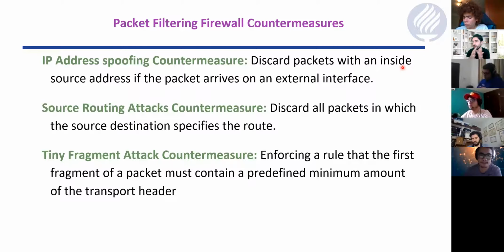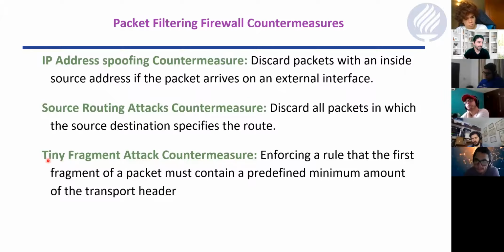If the packet arrives at your firewall with an internal IP address, you just discard it because it can be a malicious packet. If the packet tells you precisely the source and destination route it's taking, it can be a fishy packet, so you can discard it.